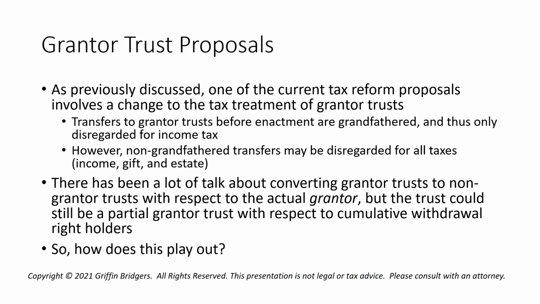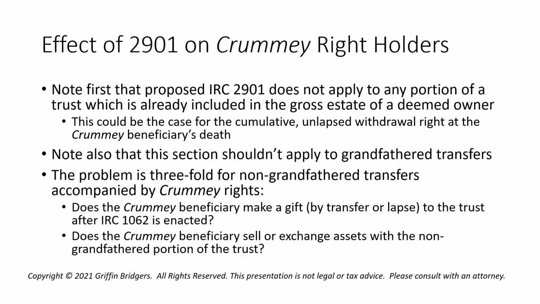But even after doing so, the trust could still be a partial grantor trust with respect to any cumulative withdrawal rights that have accumulated with respect to any particular beneficiary. So how does this play out? Well, first it's important to note that Code Section 2901 is not going to apply to any portion of a trust which is already included in the gross estate of the deemed owner.